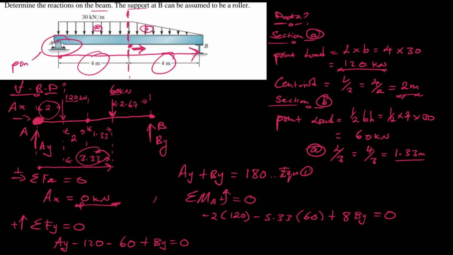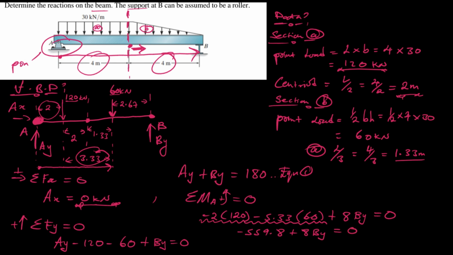If you apply algebra for this sense here, what we intend to have should be about negative 559.8 plus 8BY, and this is equal to what? 0.